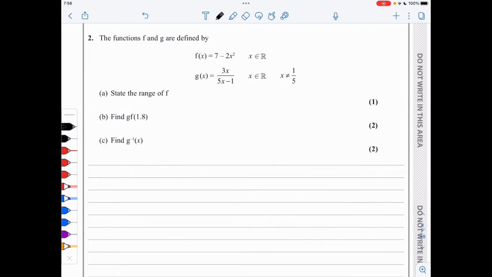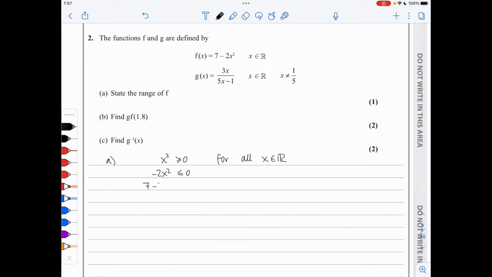In question 2, we've got the functions f and g defined here, and we need to state the range of f in part A for a mark. Well, we start by observing that x squared will be greater than or equal to 0 for all x in the real numbers. So if I multiply by -2, I can conclude that -2x squared will always be less than or equal to 0.